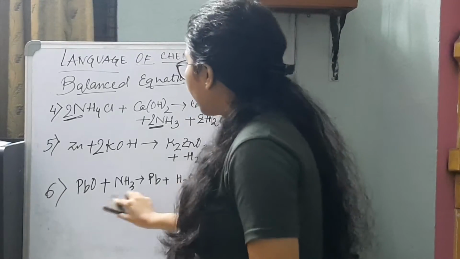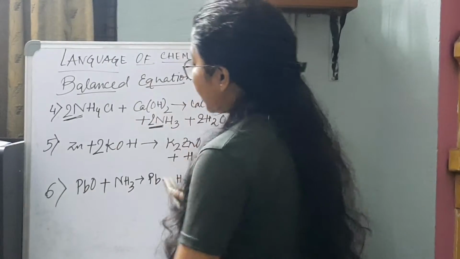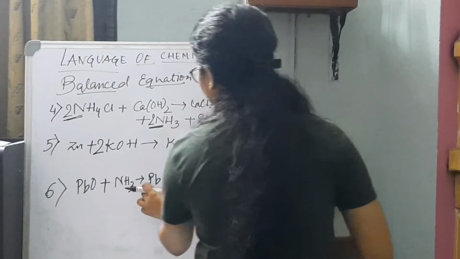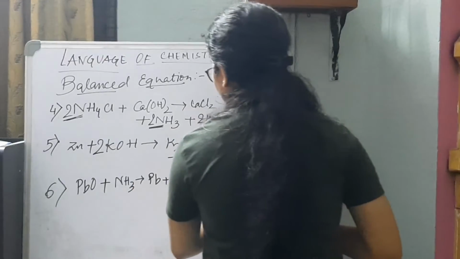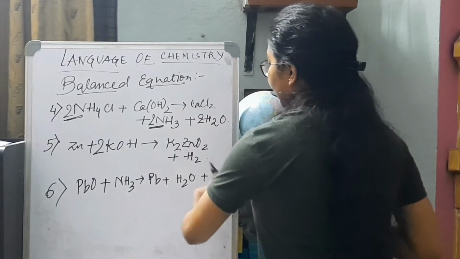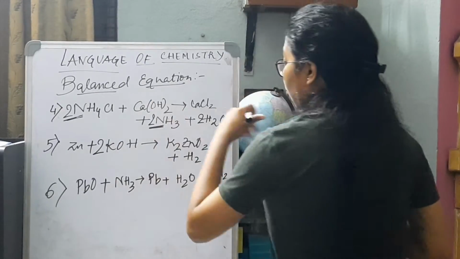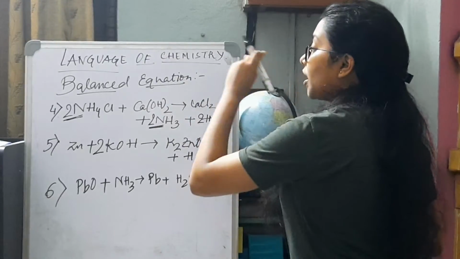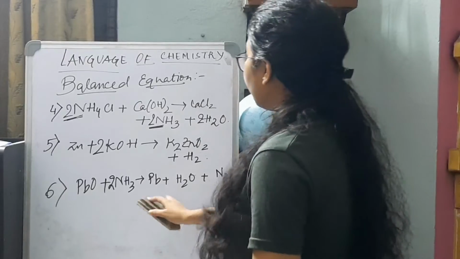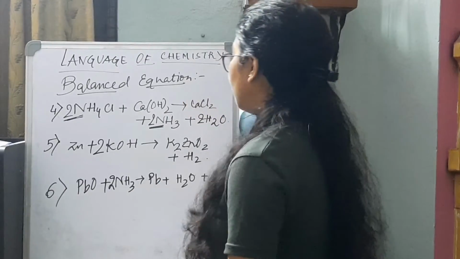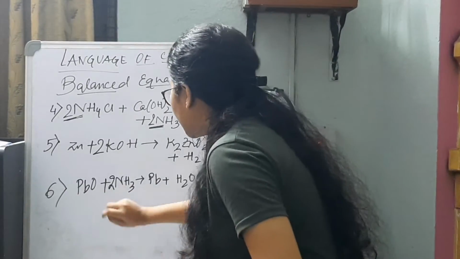Now moving forward to the next one, the tip is to start from the first one, Pb, Pb okay, oxygen single one okay, nitrogen is now 2 on this side, 1 on this side. So what to do? Turn the odd part even, multiply it by 2. The moment you multiplied this by 2, what happened to the hydrogen?